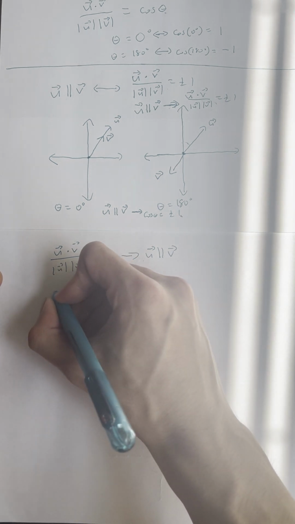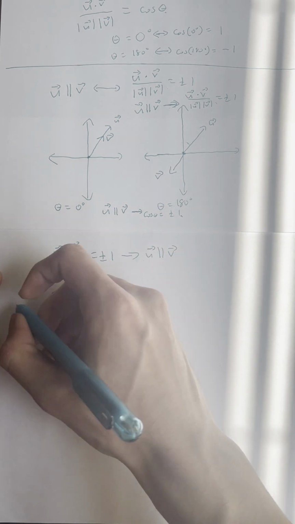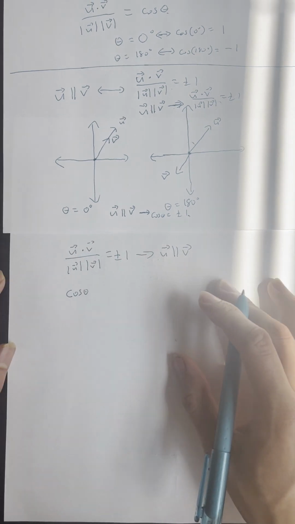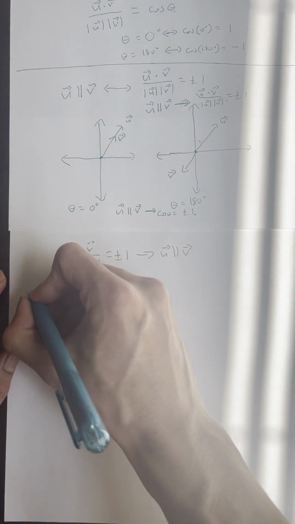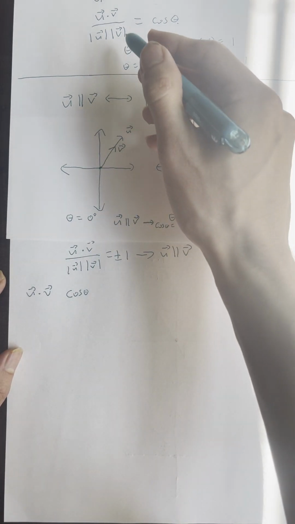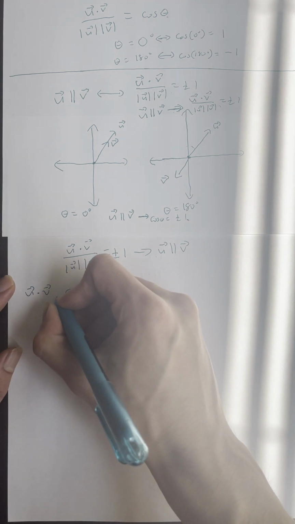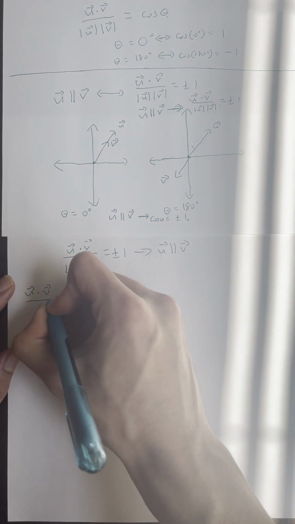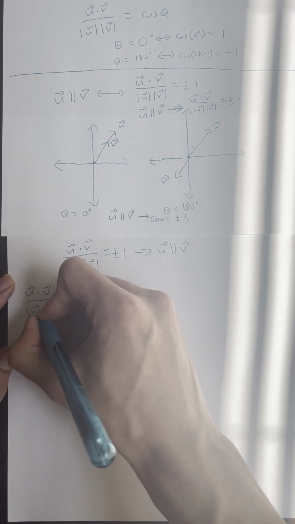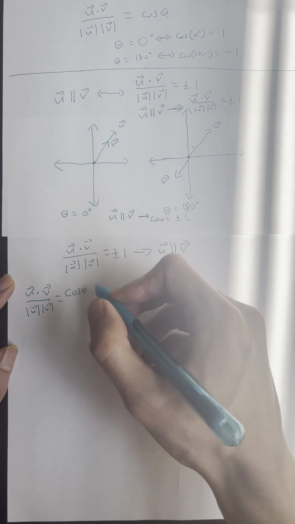So this implies that cosine theta, right, from the identity here, let's go ahead and copy that. Okay.